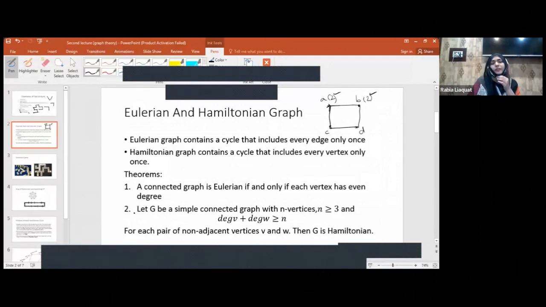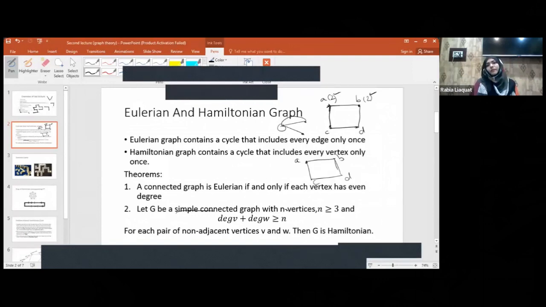And the second condition, for the Hamiltonian result: let G be a simple connected graph, meaning no multiple edges and no loops. This is a simple graph. No multiple edges and no loops exist in a simple graph. So for example, we have a graph with A, B, C, and D. This is a simple connected graph with n vertices.